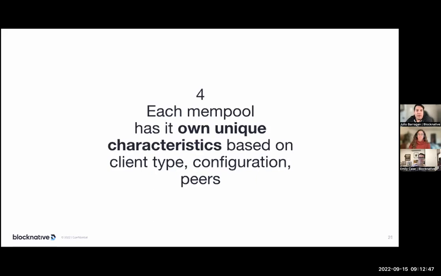Okay, so number 4, each mempool has its own unique characteristics based on client type, configuration, and peers. Now, significantly, nodes are not atomic units. They're just computers running software, right? And that software can be of different client types. The two primary client types on Ethereum are Geth and Open Ethereum, but there are others, and those two client types behave differently as it relates to mempools and mempool data.